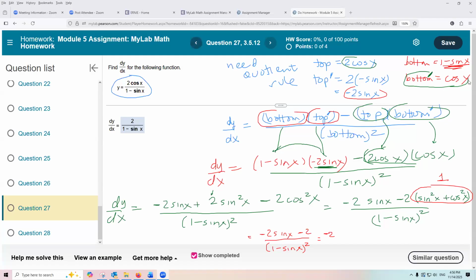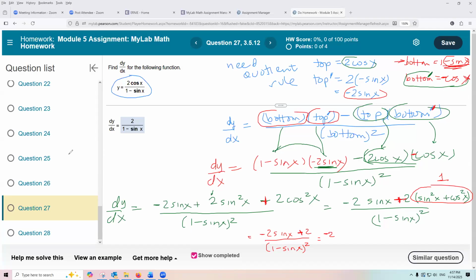If you notice up here, the bottom of the fraction was 1 minus sine x. I should have written the derivative as negative cosine x, because the derivative of negative sine is negative cosine. So this derivative of the bottom should have been a negative cosine here. That would make this a plus 2 here. So that means we have a plus 2 here.